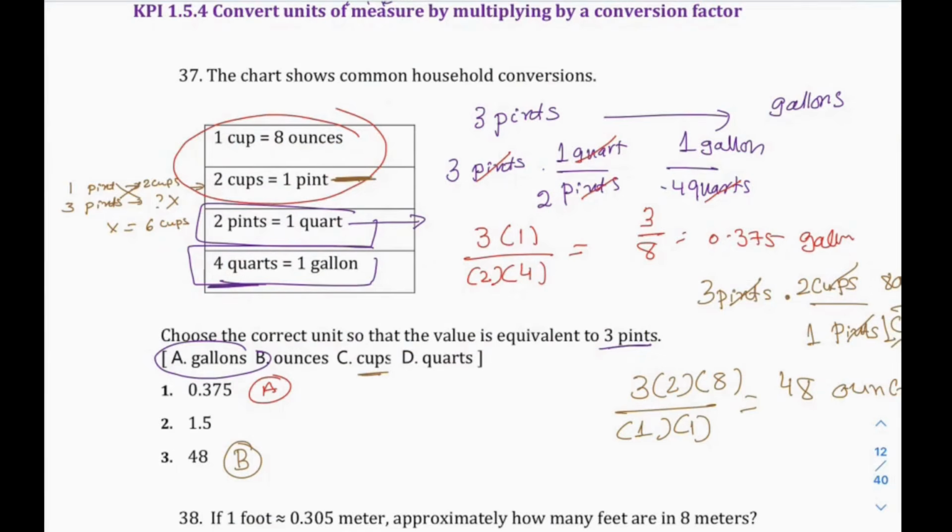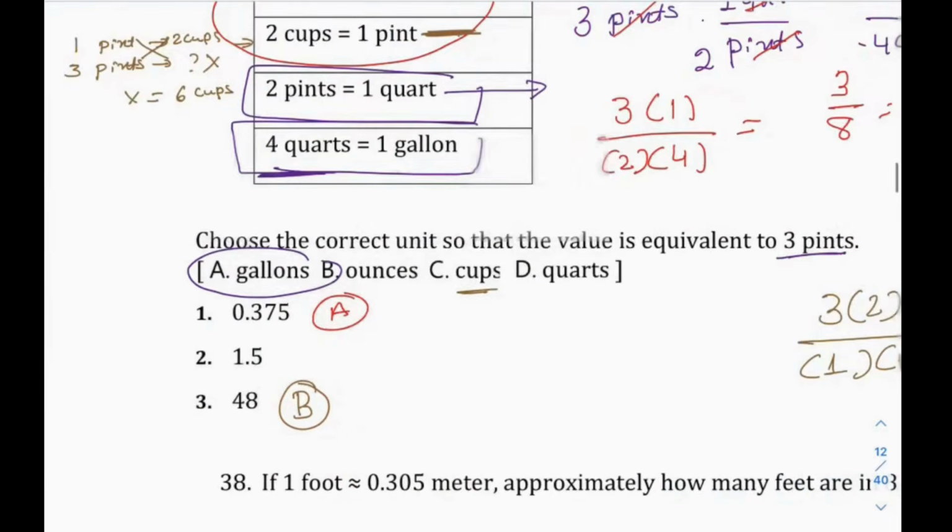Last one, which is the quarts, pints to quarts. 3 pints, and we want to go to quarts. And this is also easy. We have here 2 pints equals 1 quart. He wants 3 pints. So 3 pints is how much?